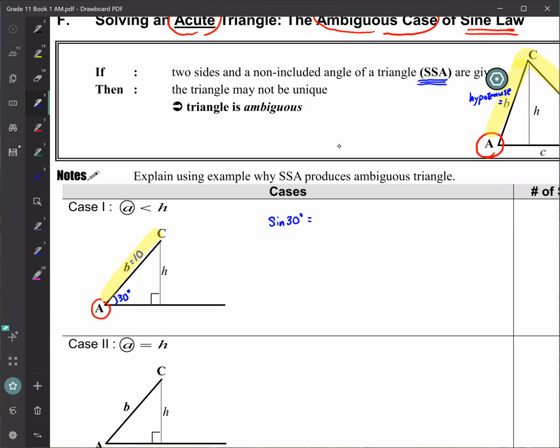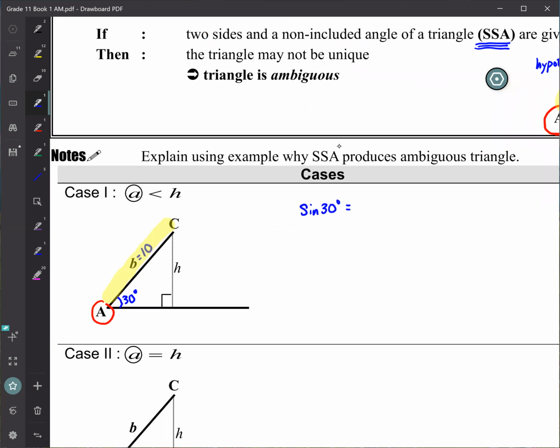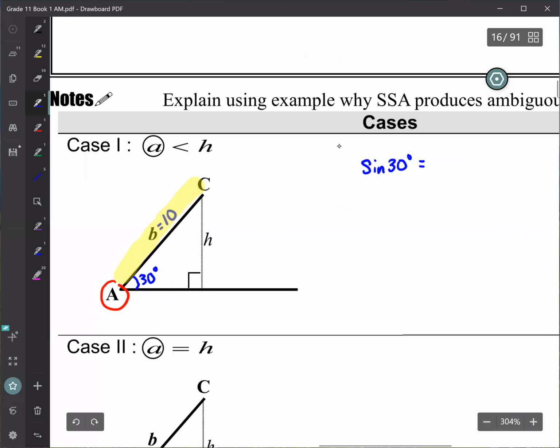Sine of 30 degrees is which one over which one? Sine is opposite over hypotenuse, right? Which is opposite? H over 10. Yes. Okay. So you write h over 10.